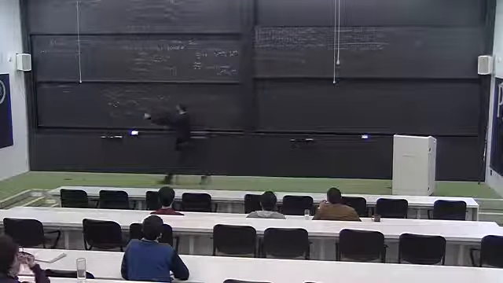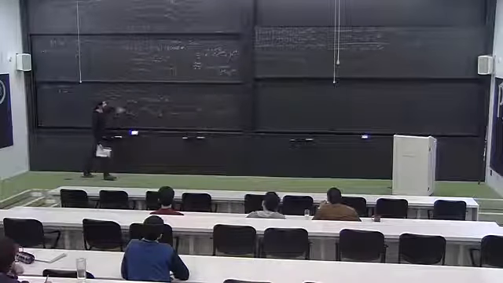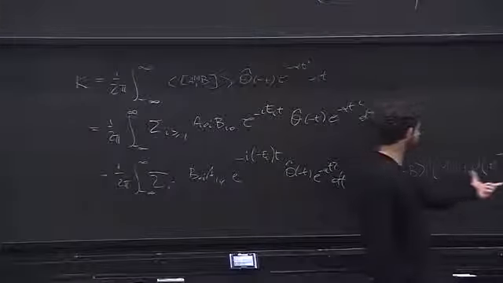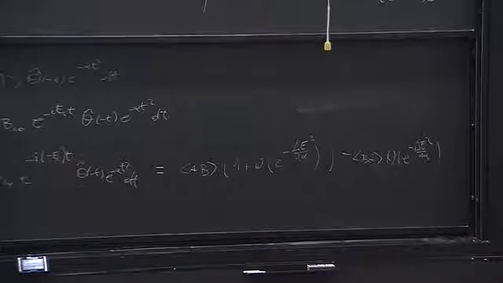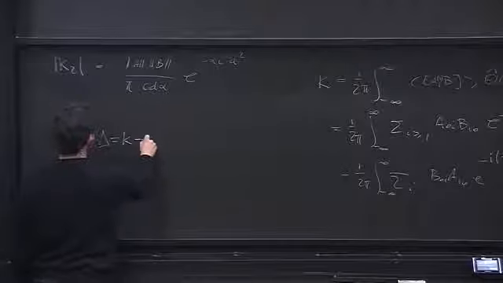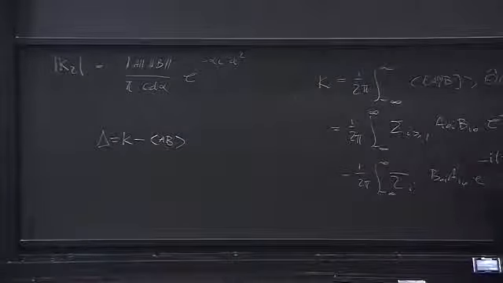So this is K. So K, by using the gap, I can say it's equal to the correlation function of AB times this minus the correlation function of BA times this. Okay? But now what is delta? Delta is K minus AB. So this goes away.